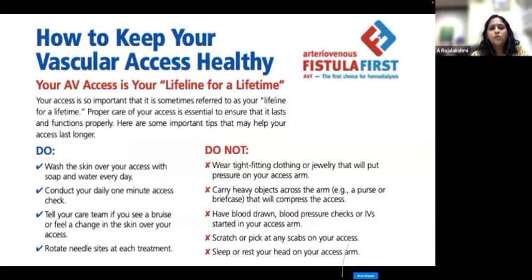Tell your care team if you see any bruise or change in color. And rotate the needle stick for each treatment, each time you access. What a patient should not be doing is wearing tight-fitting clothing or jewelry, carrying heavy objects with the arm, and having blood drawn or blood pressure checks in that arm, and scratching or pricking. That should all be avoided.